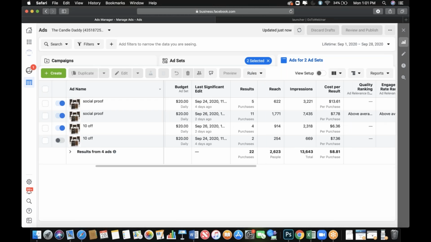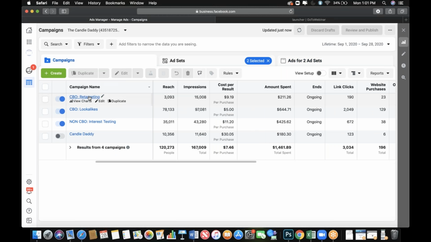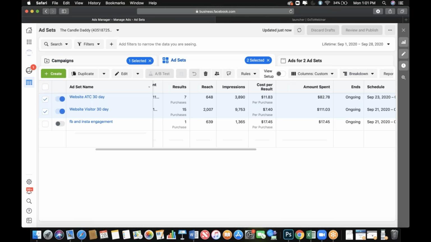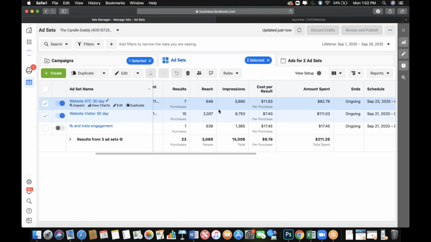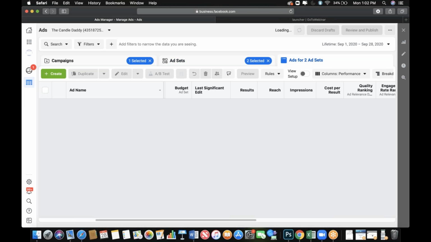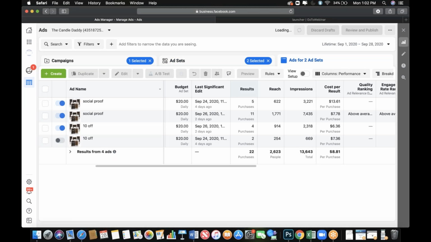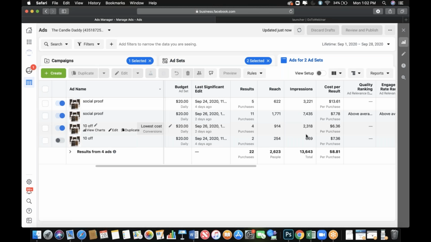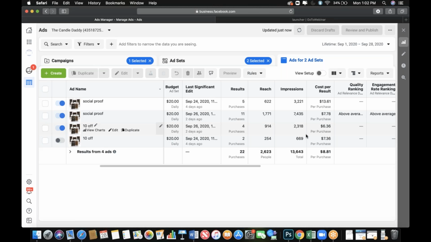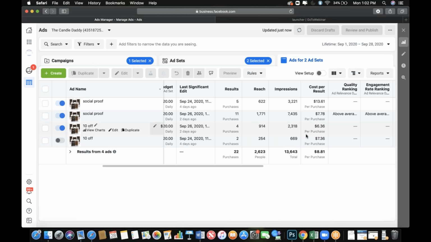And then just click on retargeting. Got it. Okay. So yeah, go ahead and go to the ad level there. Okay. Yeah, everything seems to be fine here.